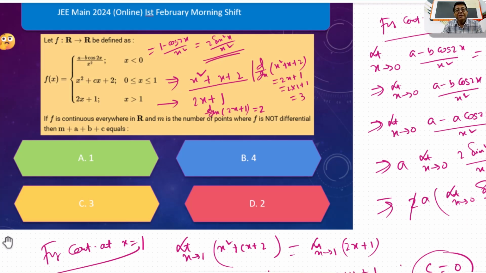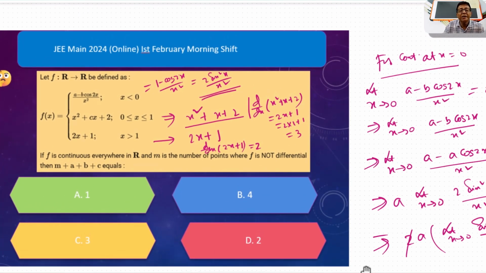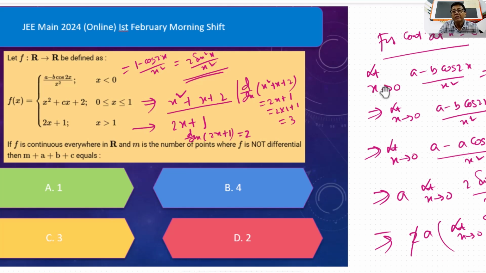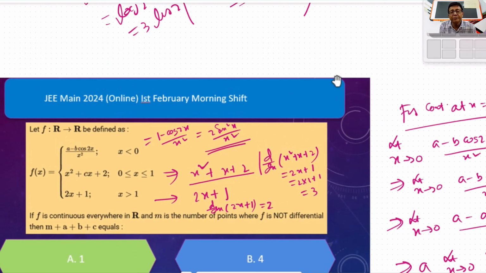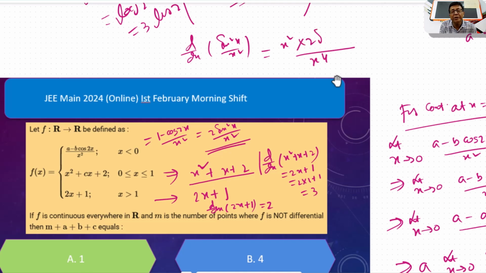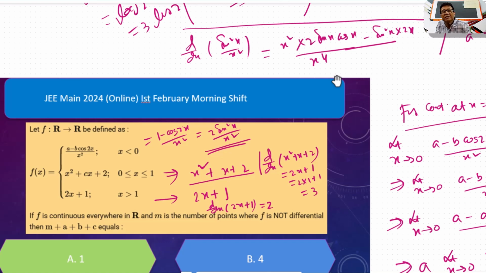Let's calculate d/dx of sin square x by x square: x to the power 4 in the denominator, and in the numerator x square into 2 sin x cos x minus sin square x into 2x. This is not defined at x equal to 0, even if you cancel the factor x.